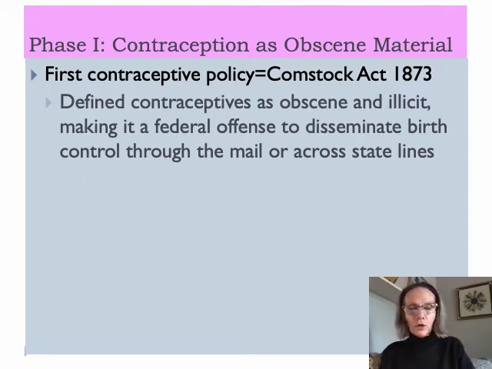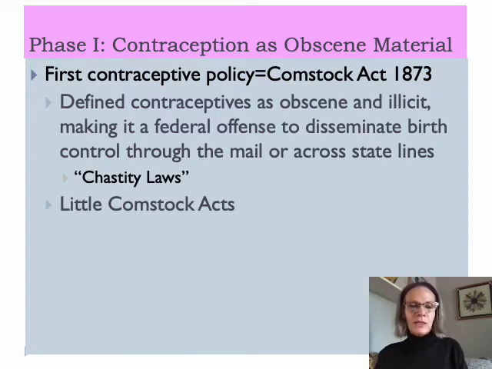Okay, so this was a really comprehensive law that had an impact not just on contraceptives, but on any items that were regarded as obscene and illicit. They were known as the chastity laws because we were trying to bring social purity back to the United States by prohibiting the distribution of these sorts of items.